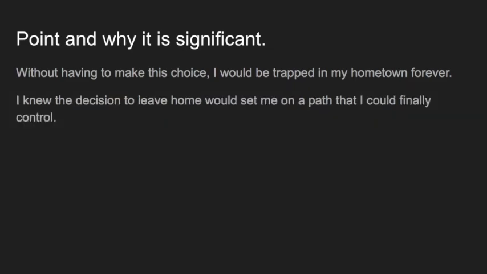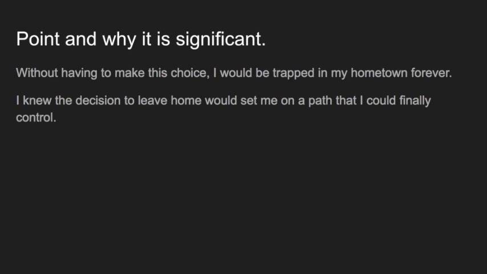So I knew the decision to leave home would set me on a path that I could finally control. Okay, so we know that the significance of this story is about how they perhaps don't have control of their life before making this decision, and therefore leaving home is somehow giving them this control that they don't have.